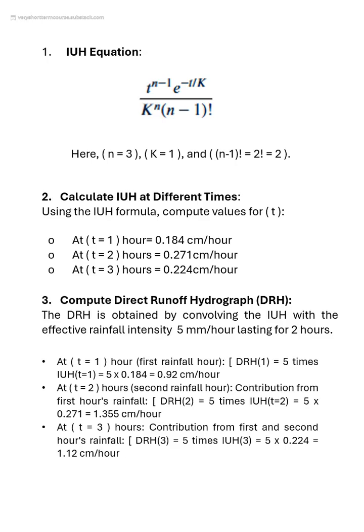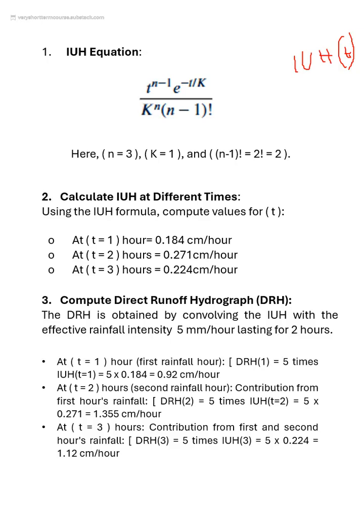So basically what is happening is we are just multiplying this IUH, right, at different T. Of course, the time interval can be 1 hour, half an hour, or 2 hours also.